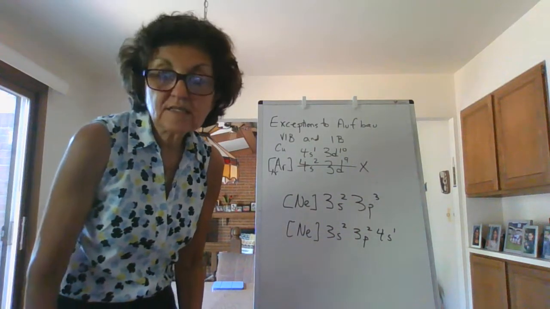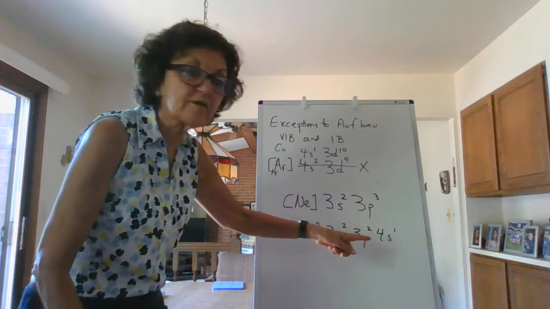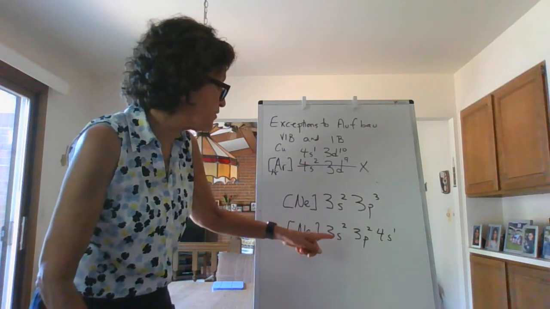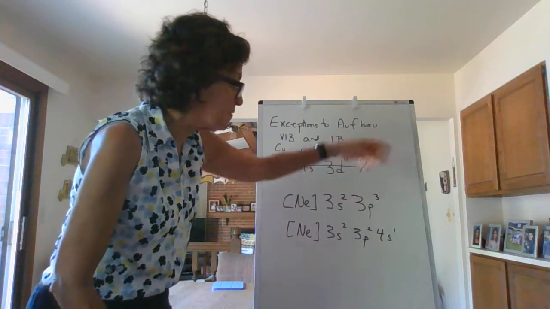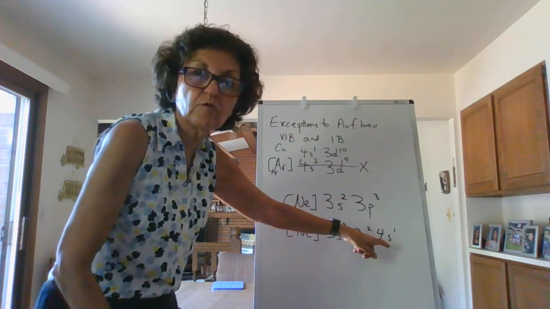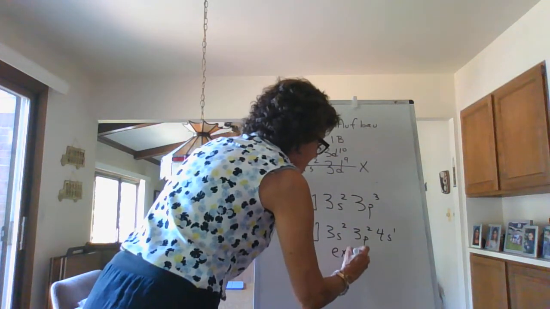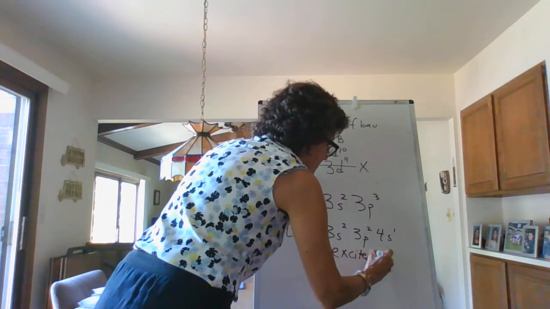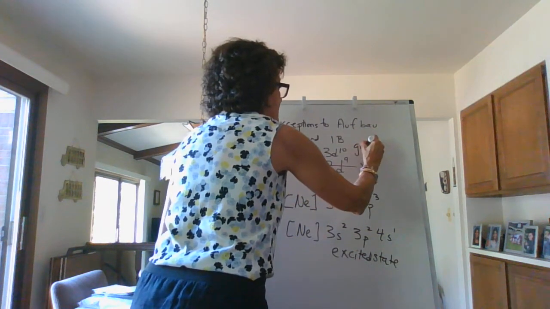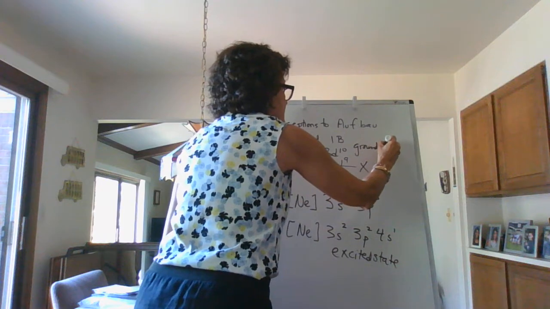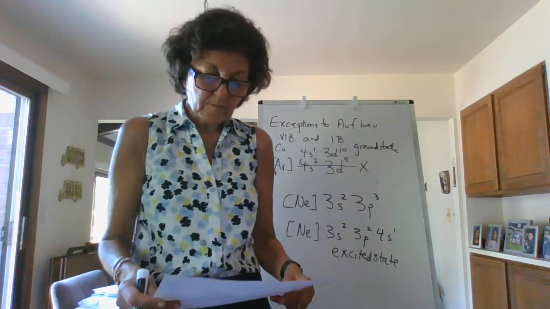This is not a stable state. This is not the ground state. It's still all the correct electrons of phosphorus, but you can tell that one of these electrons got excited, pushed up into a higher level for us. So you would recognize this as an excited state, and this as a correct ground state. Okay, be able to differentiate between the two.